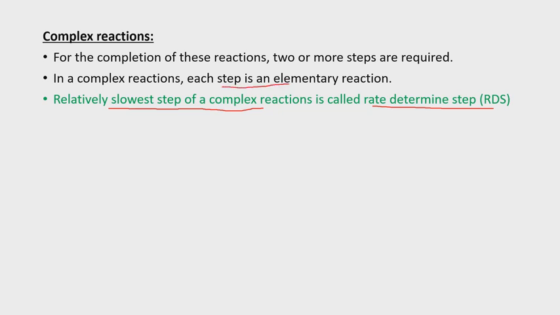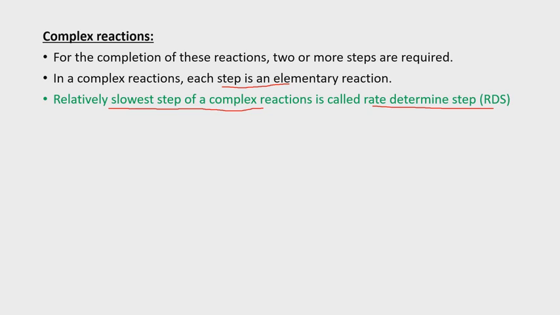But out of all the steps, one step is compulsory, the slowest step. That step only decides the rate of a particular reaction. That slowest step only decides the rate of a particular reaction.